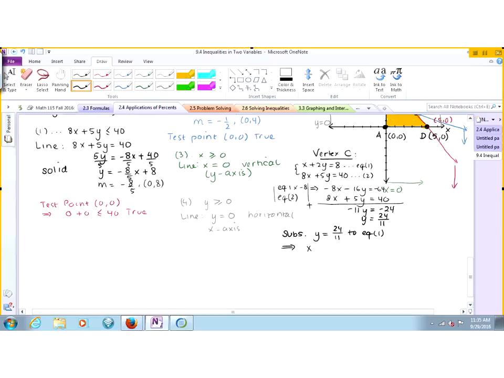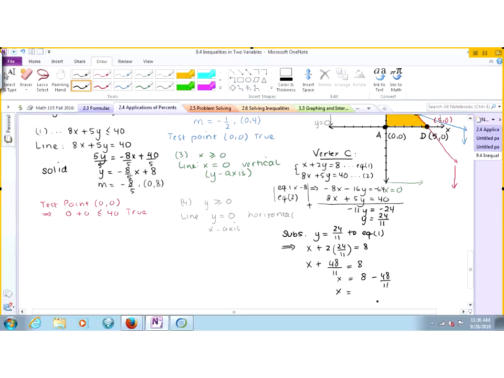So when we substitute, what do we have? x plus 2 times 24 over 11, so x plus 48 over 11 is equal to 8. Do you want to clear the fraction or just bring it to the other side? Bring it to the other side and use the fraction. So x is 8 minus 48 over 11.